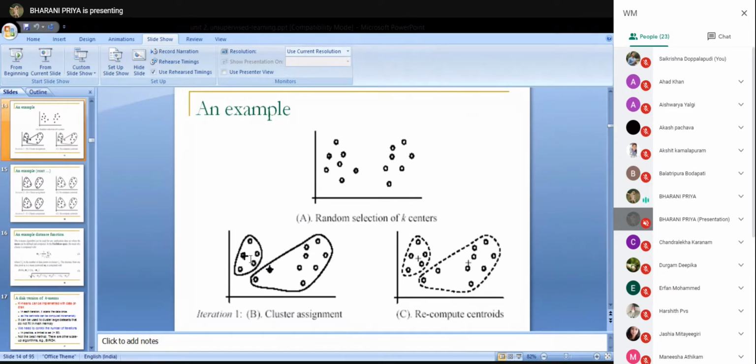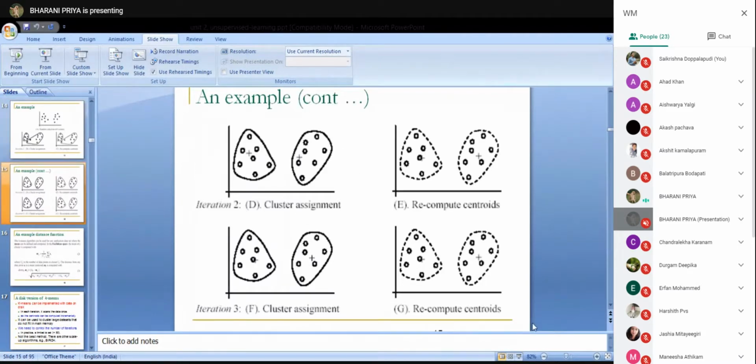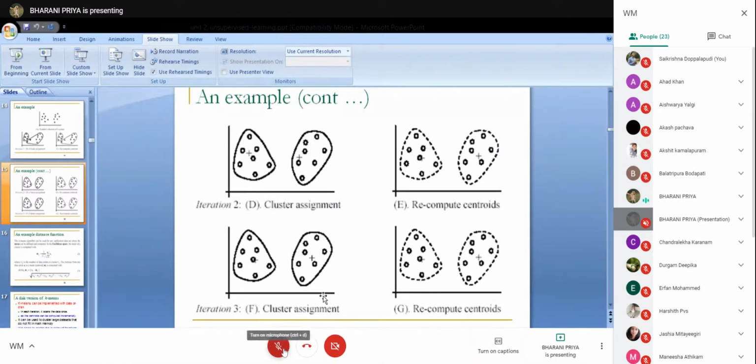Once the cluster is formed, you calculate the mean values of the clusters, and find the distance between the mean value and other data points, and a new cluster is formed. So the iteration continues. Even in classification there is some stopping point. Even in clustering, what is that stopping point?